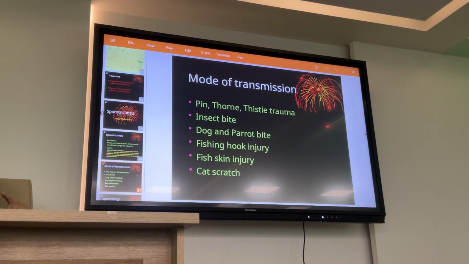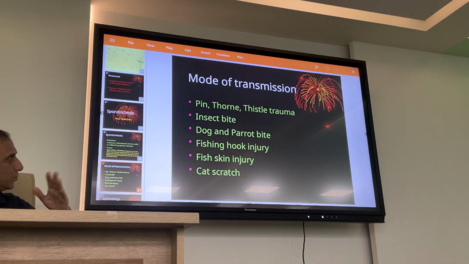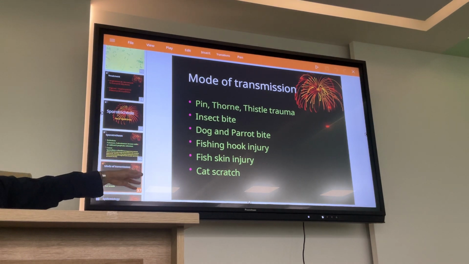In this infection, generally transmission is via the skin lesion; sometimes, seldom, the respiratory way may occur. You must have an injury, usually with a flower spine, but there are other ways.